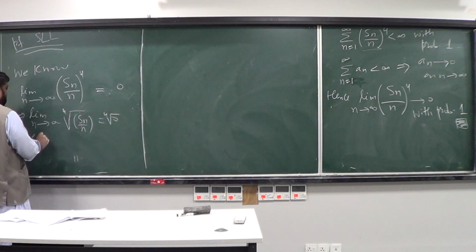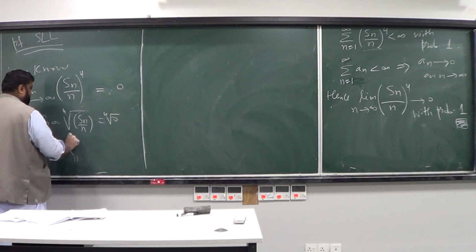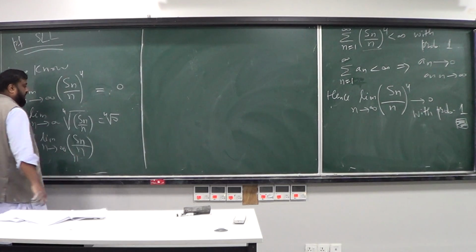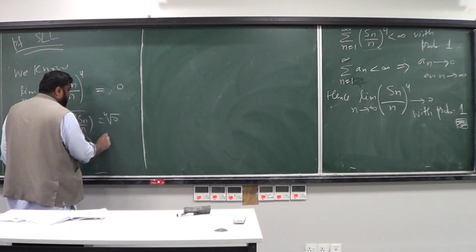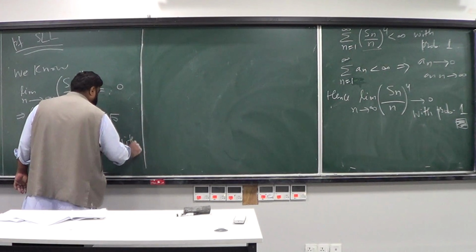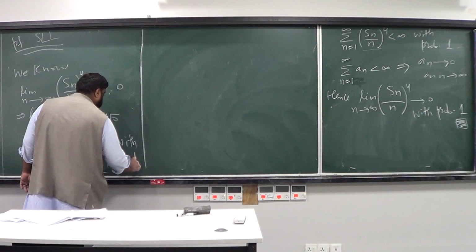That is, the limit as n goes to infinity of the sample average converges to the actual average with probability 1.